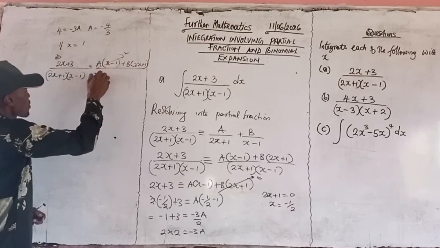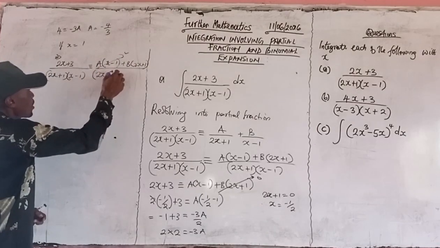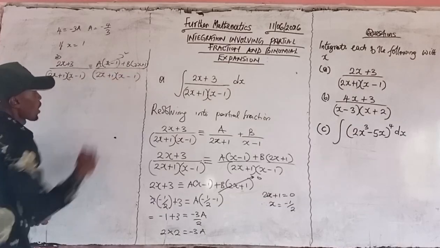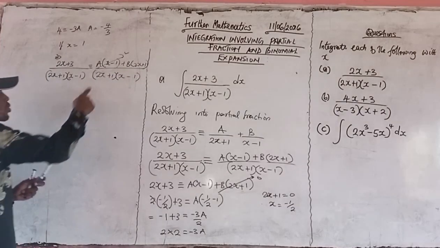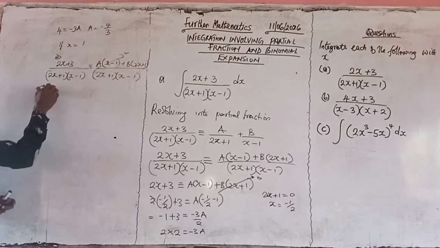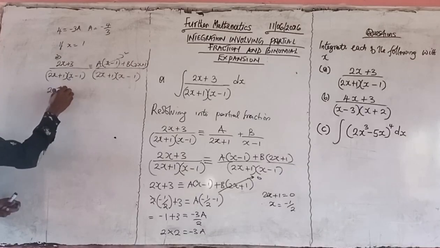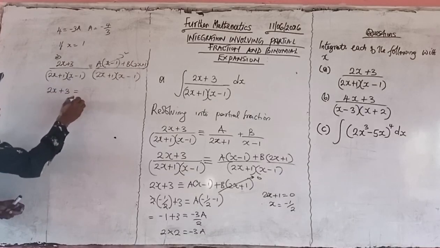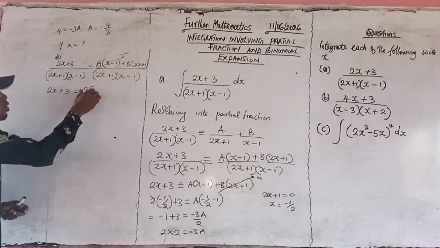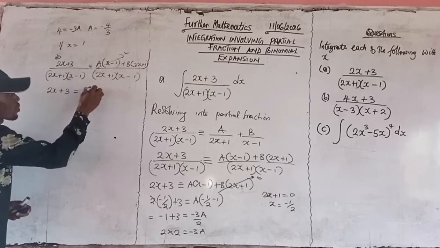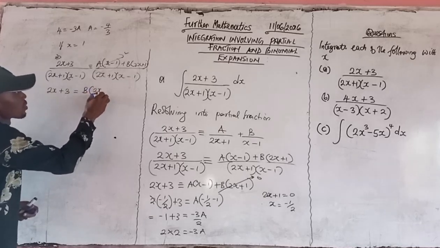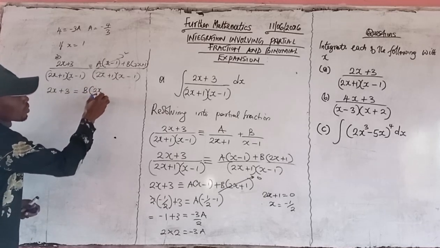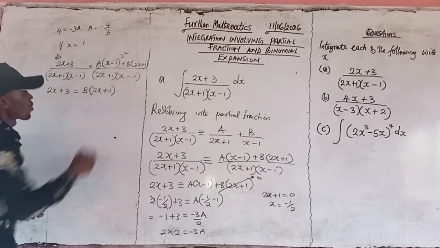So you have 2x plus 3 now equal to B(2x plus 1).